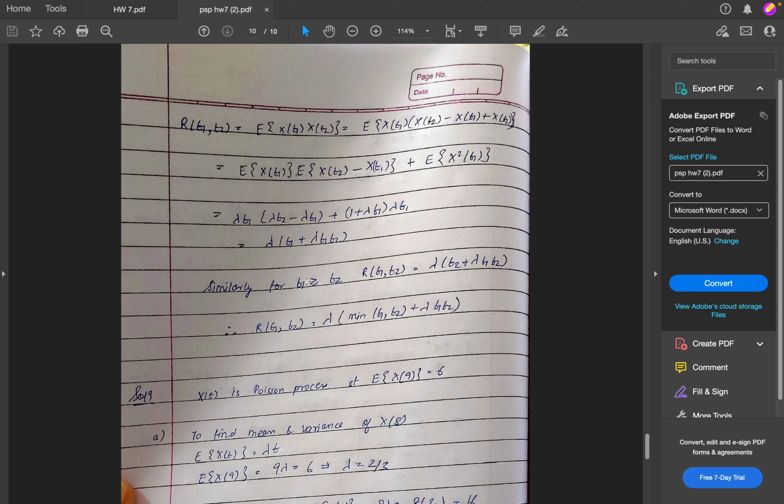In this case the minimum is t2, so we have the t2 term. In the previous case it was t1 less than or equal to t2, so t1 is the minimum, so we have the t1 term. So basically lambda times the minimum of t1 and t2, plus lambda square t1 t2. So that is all for question 8 of homework 7.